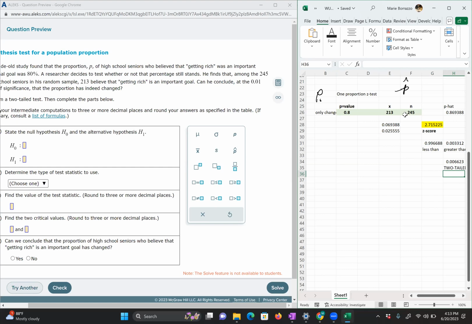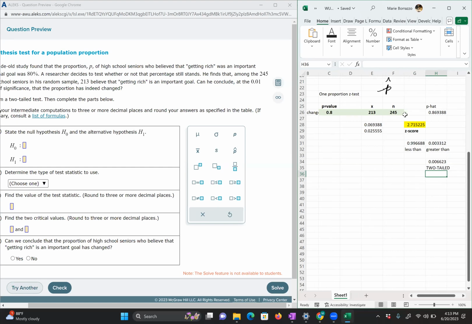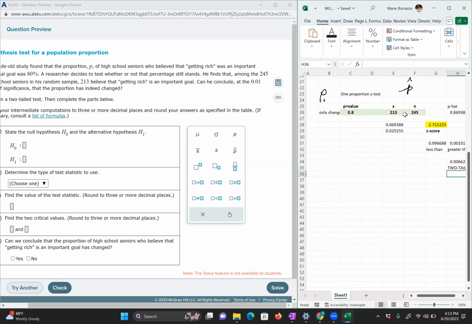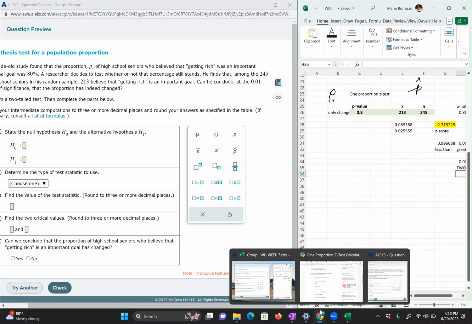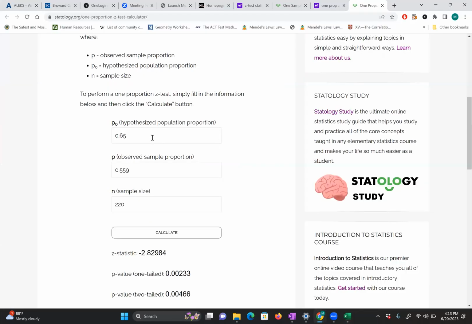Okay, so I'm getting the same answers. I'm getting 0.066, that's correct. I'm getting the 2.7, so we're good. All right, so my intuition was good. Let's go to the actual calculator.